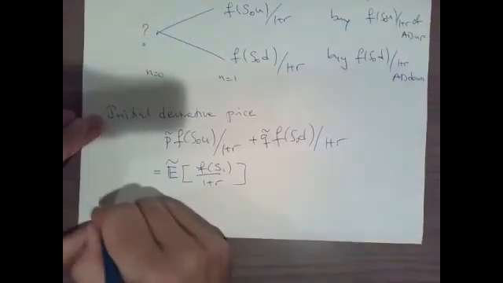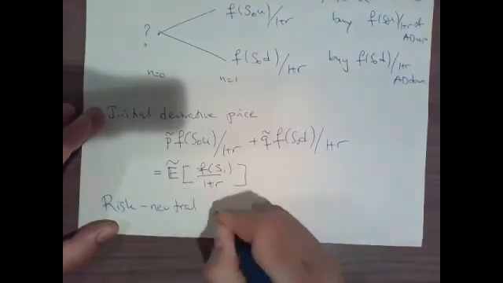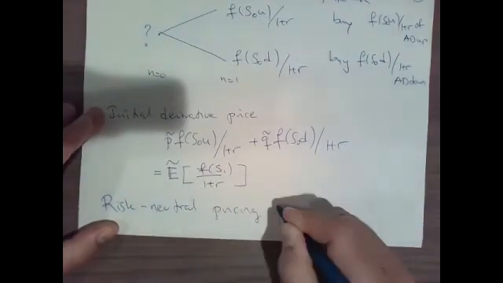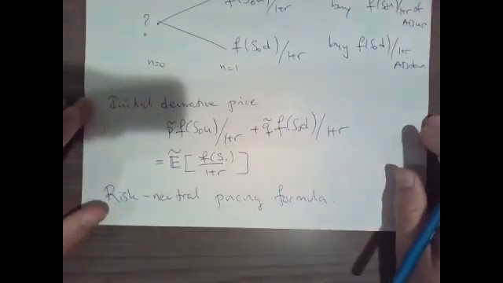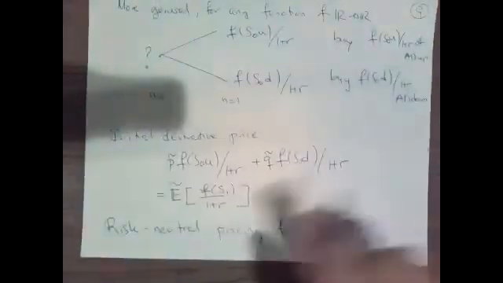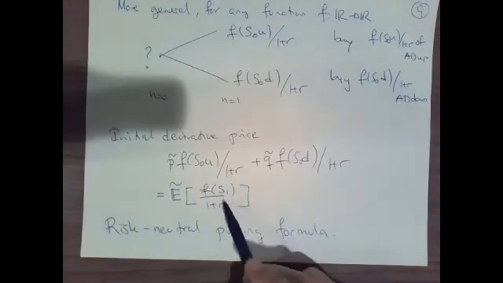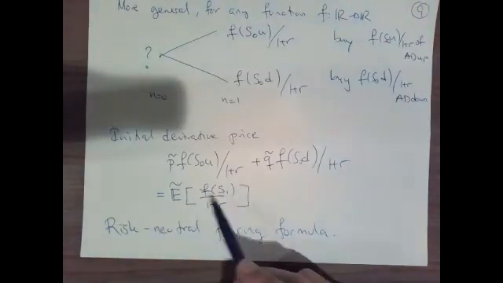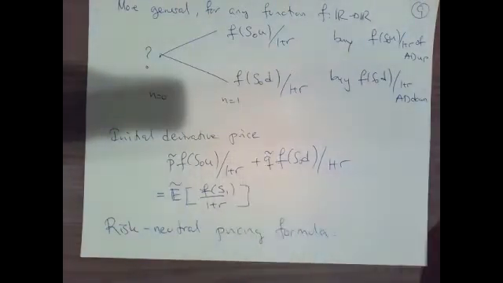So this is the risk neutral pricing formula. What is the initial derivative price? It's the expected payoff discounted, but where you use probabilities coming from P tilde and Q tilde.